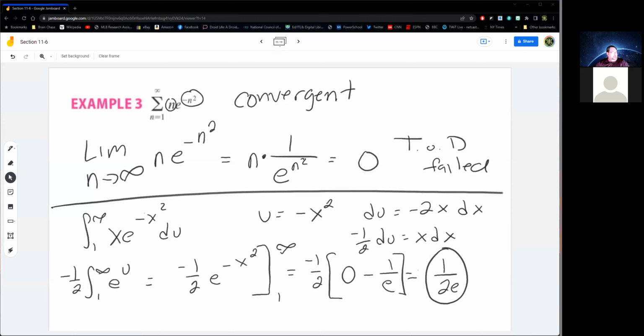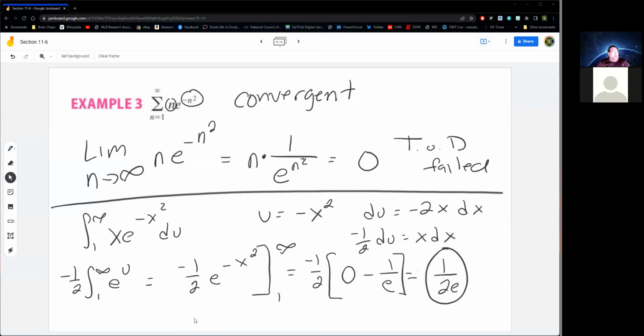Well, what I'm trying to say is this. When we say the series is convergent, we're not saying that they're all adding up to 1 over 2e. We're not even saying the last item in this theoretical sequence is 1 over 2e. So that 1 over 2e has no connection to the actual problem in this situation.